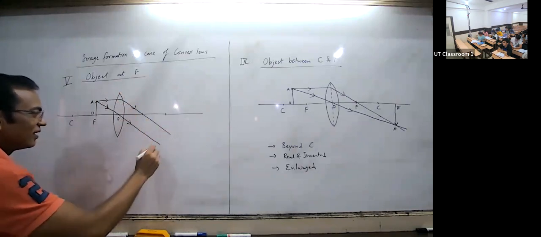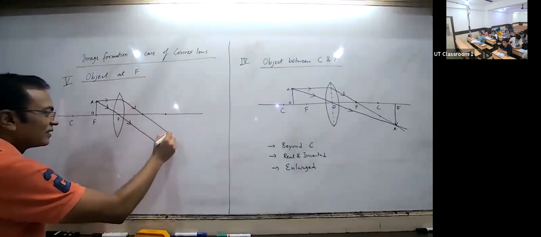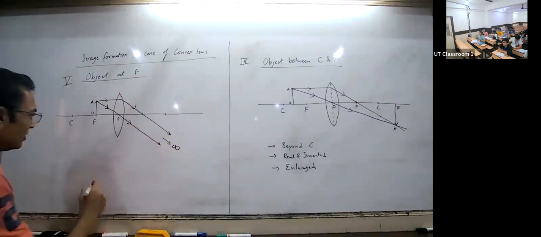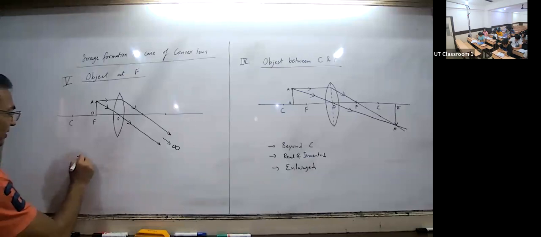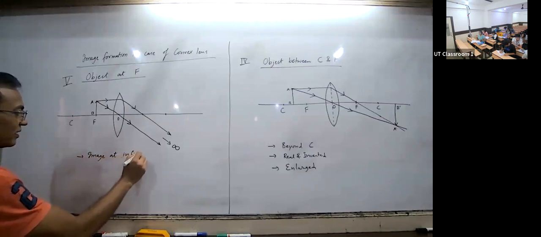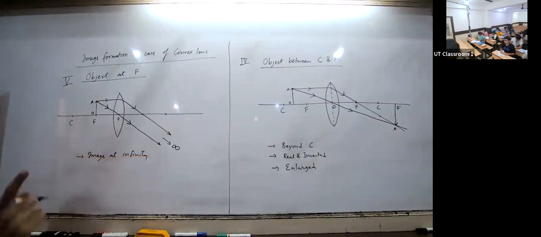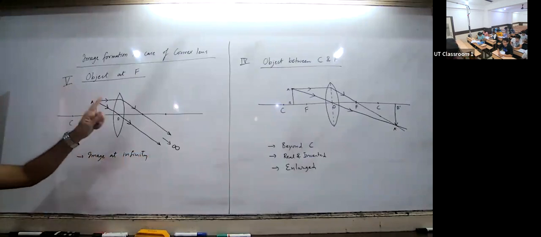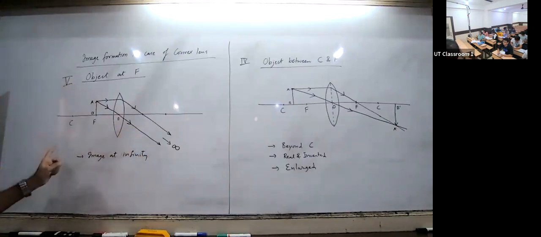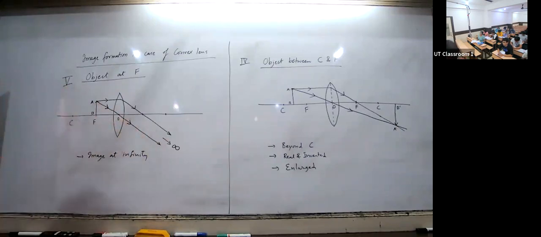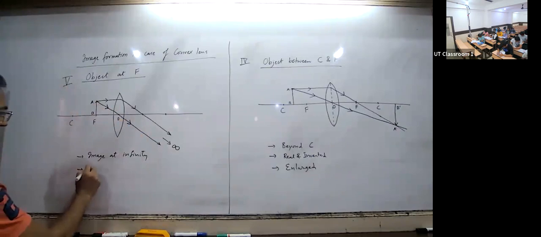So you're getting a parallel ray. Infinity में जाके मिलेगा. So basically, image कहाँ बनेगी? At infinity. So this case is the opposite of the first case, right? When the object is at infinity, image at F. When the object is at F, then the image at infinity. Reverse. Real and inverted.